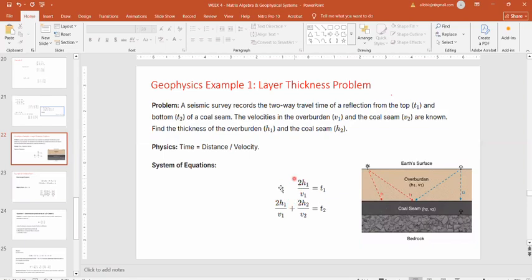If you have values like this and there's none, know that this will become zero. Okay, this becomes zero. So from this seismic survey, you're able to derive these systems of equations. So I just try to relate it directly to geoscience or geophysics examples.